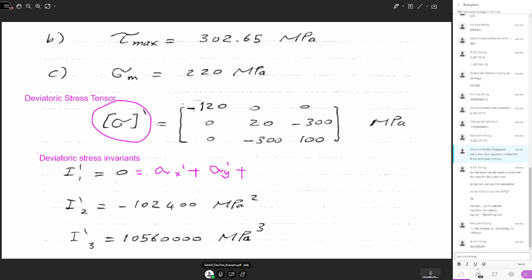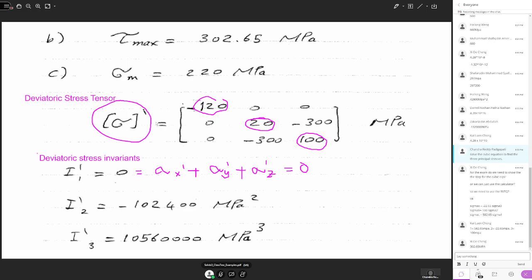And as a result, you should get 0. So if you're not getting 0 means your calculations are wrong. So negative 120 plus 20, that becomes negative 100. So negative 100 plus positive 100, so you will get 0. Okay, this is the first deviatoric stress invariance.